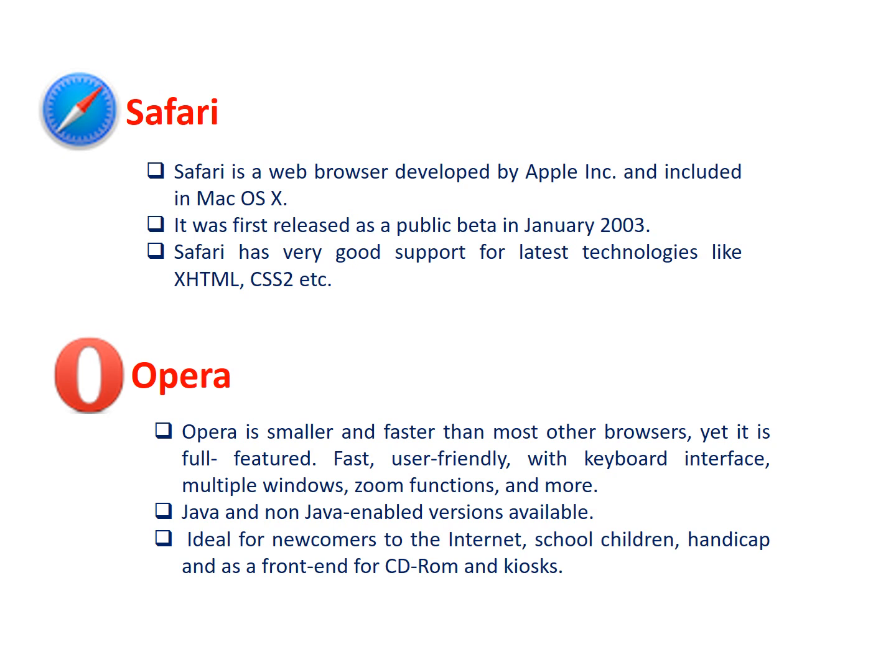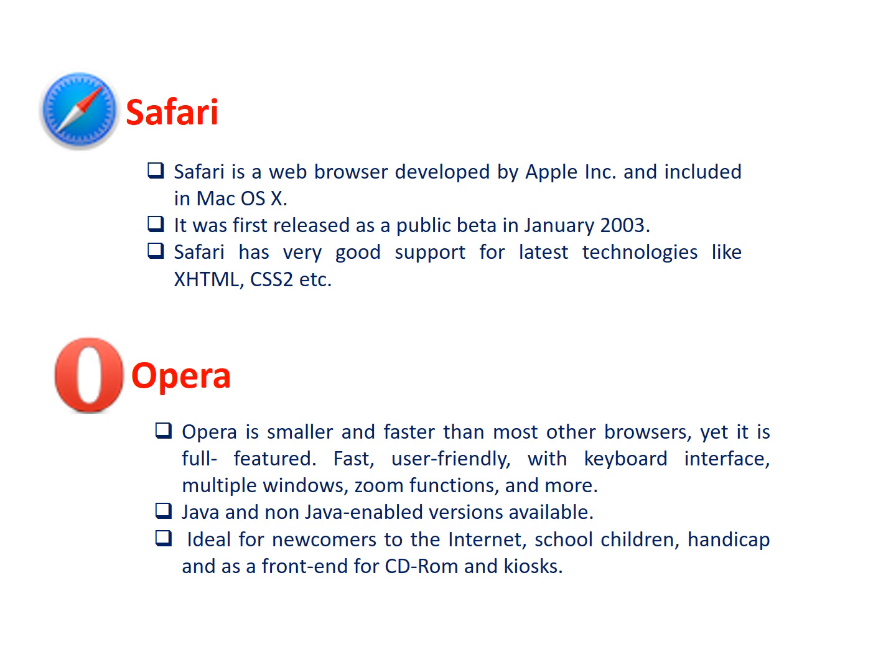Then we have another browser known as Opera. It is smaller and faster than most other browsers, yet it is full featured, fast, and user friendly, with keyboard interface, multiple windows, zoom functions, and many more.